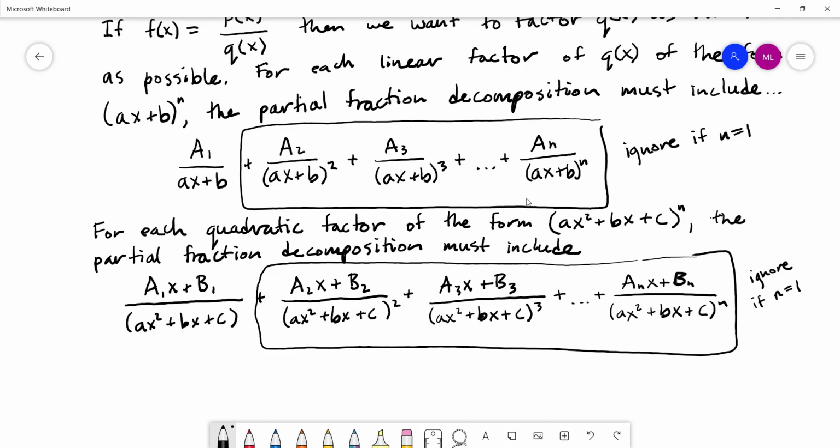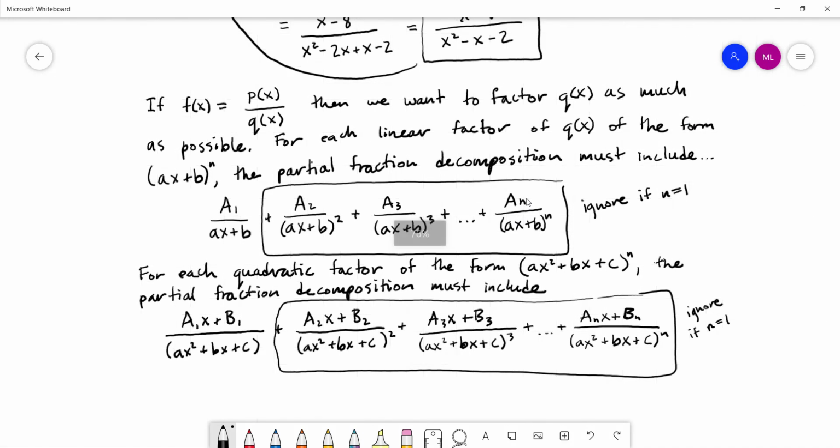If not, it's going to make more sense once we do some examples. So let's just jump in and actually do some examples, and I'll try to highlight what I'm talking about as we go through these problems. I've got at least 3 or 4 examples here, so let's take a look. Okay, so again, this is the approach that we're going to take. These are our rules, in a sense.